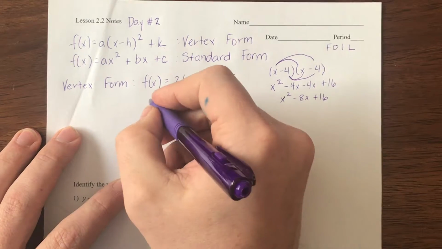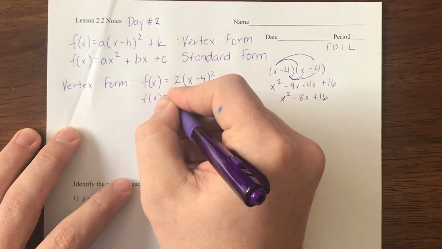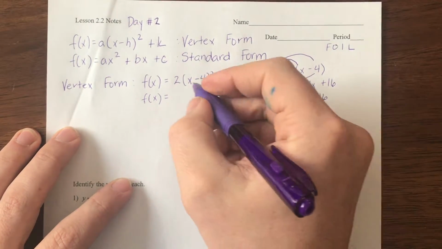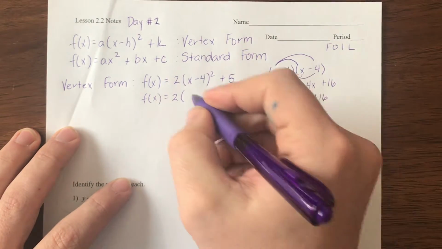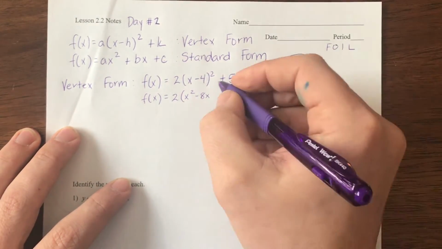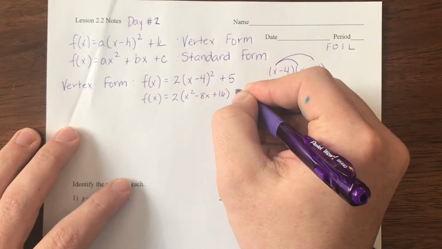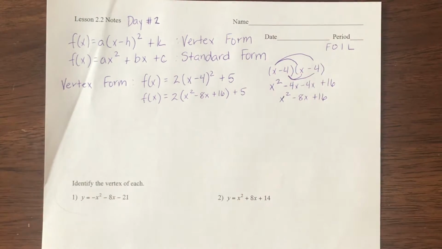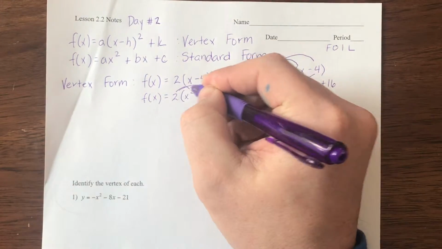Then we take this back over and say f of x is equal to 2 times (x squared minus 8x plus 16) plus 5. Once we have that, we're going to distribute this 2 to everything.